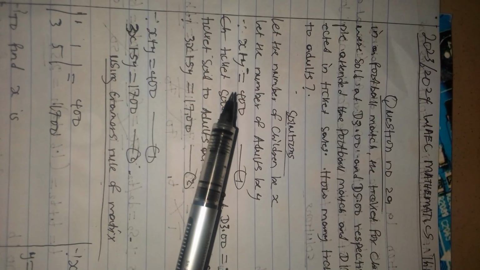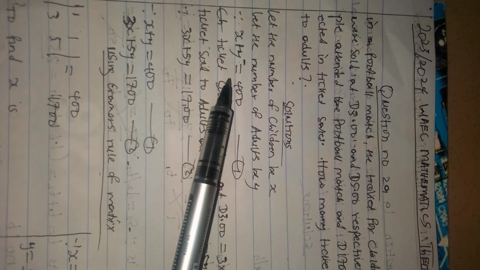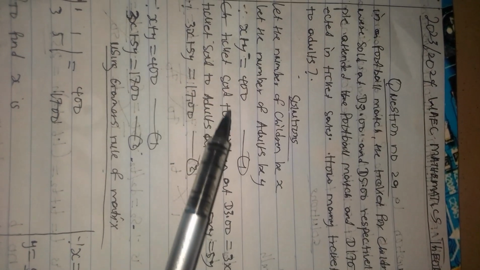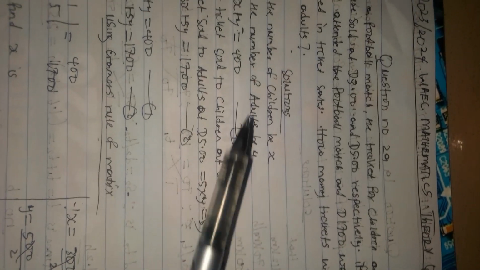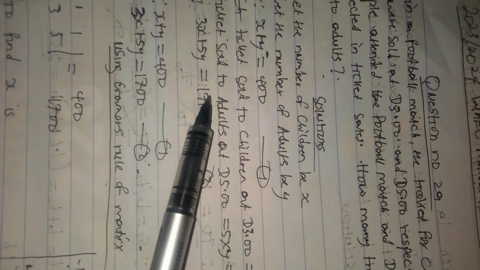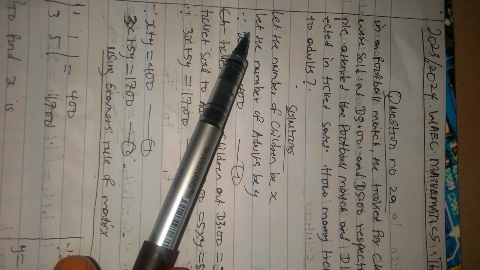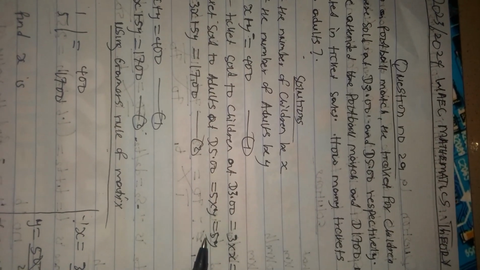I call this equation 1. Tickets sold to children at $3 is 3 times x, which is 3x, and tickets sold to adults at $5 is 5 times y, which is 5y.